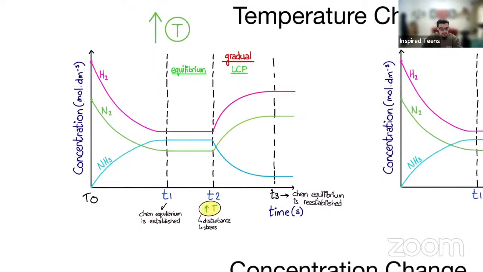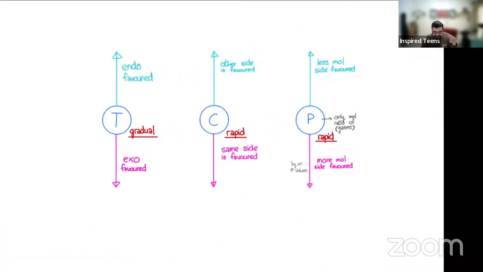So according to LCP, whenever there is a disturbance to a system in equilibrium in an isolated container, Le Chatelier's principle states that the system will do what it needs to counteract that change. So that's where our understanding of the TCP comes in.